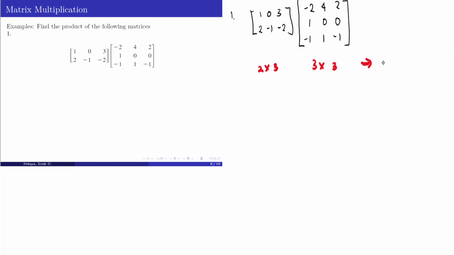So that implies that the product must be a 2 by 3 matrix. So this one is equal to, again, we first multiply the first row of the first matrix by the first column of the second matrix. So this, multiply it by this.